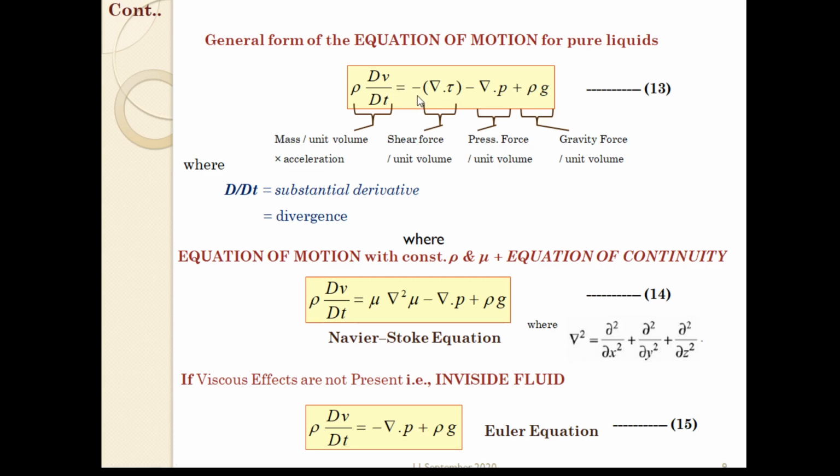This is equal to minus divergence of tau, that is the shear force per unit volume, minus divergence of p, that is the pressure force per unit volume, plus rho g, that is the gravity force per unit volume. Capital D upon Dt is the substantial derivative.